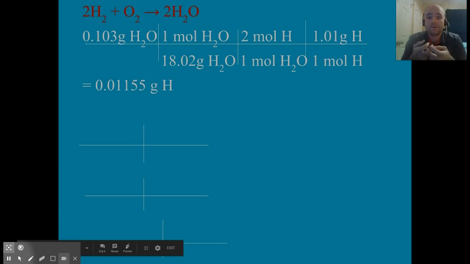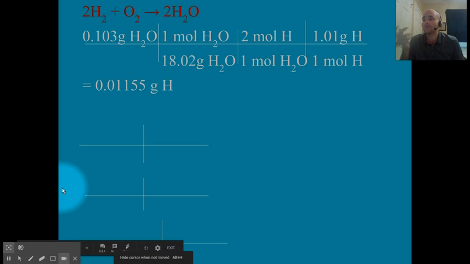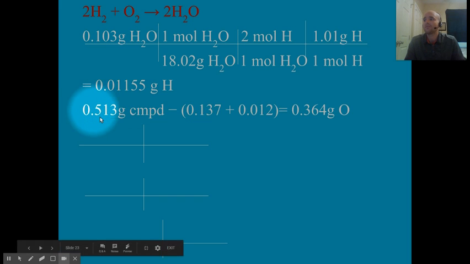Remember from the original problem where it gave us the total mass of the sample? Well, now that'll come into account because we're going to take the mass of hydrogen and the mass of carbon, which we just found, and subtract it from the mass of our total sample. This is the mass of our total sample minus the mass of carbon plus the mass of hydrogen, and I get this mass of oxygen.